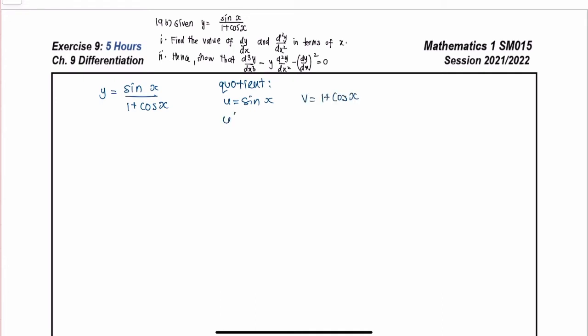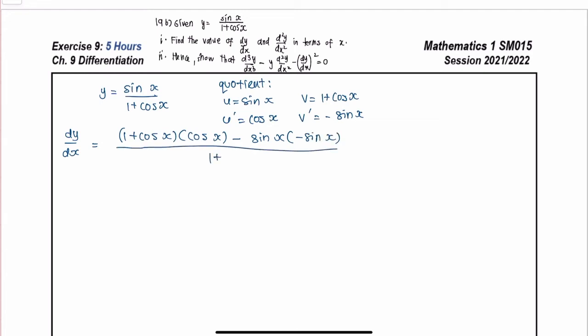So u prime will be cos x, v prime will be negative sin x. So put into the formula dy over dx equals v u prime minus u v prime over v square: 1 plus cos x minus u v prime, over v square, 1 plus cos x squared.